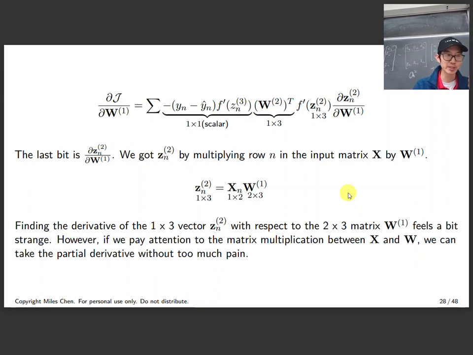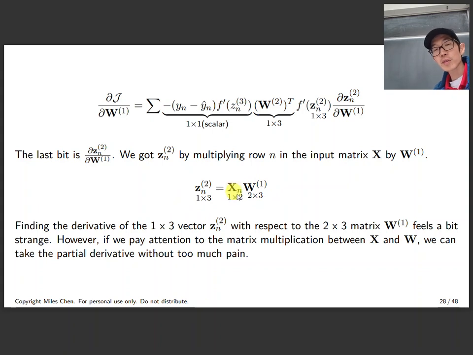Okay, let's just look at one value, or one observation in this Z2 matrix. In the Z2 matrix, one observation is actually 3 values, because when you feed it through the network, there are 3 nodes in that hidden layer. So when you look at, say, the nth observation in Z, it's a row of 3 values. It's a 1 by 3.